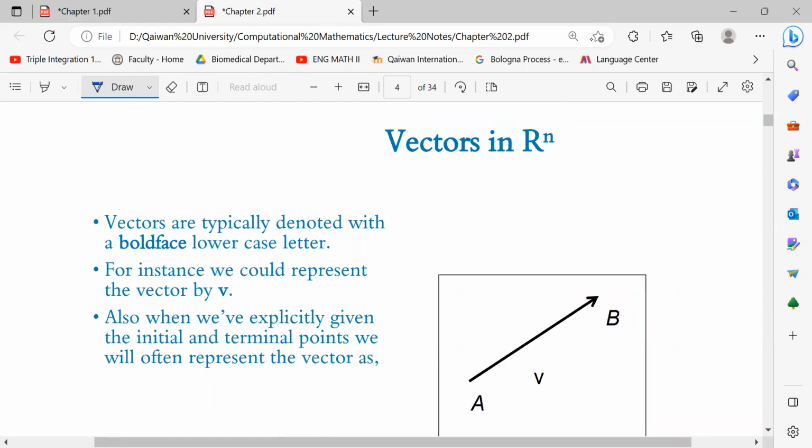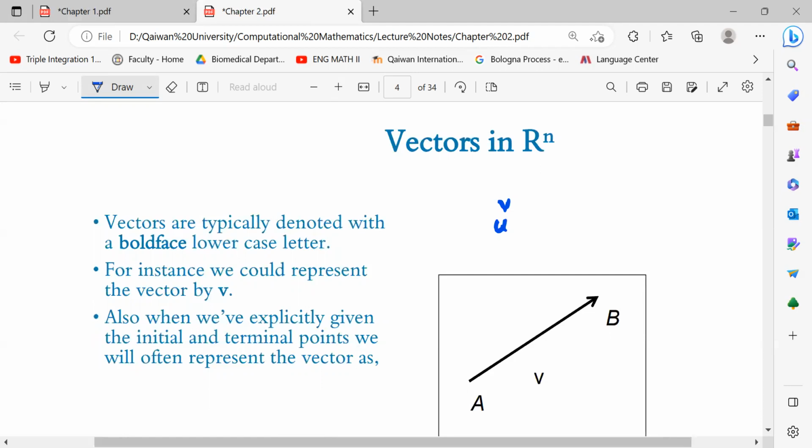We always use a boldface lowercase letter for representing a vector. We use v, a little v, boldface. Or u is a boldface, a little u. Any other letter, A, B, or any other little boldface letter.